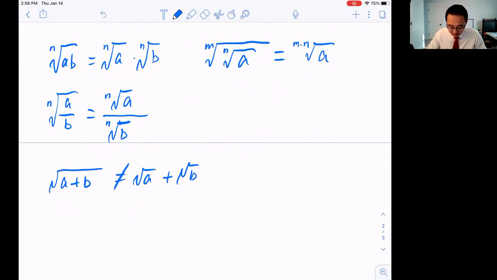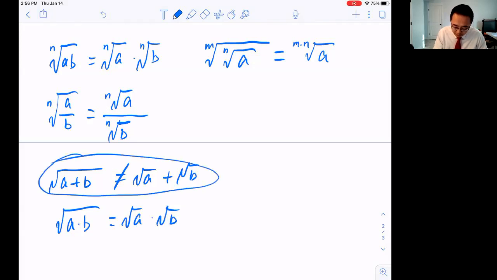And just because the square root of a times b equals the square root of a times the square root of b is true, it does not mean the top one is true. This is a wrong one that people often make mistakes on. So let's do some practice together, and then maybe that will help you figure things out.